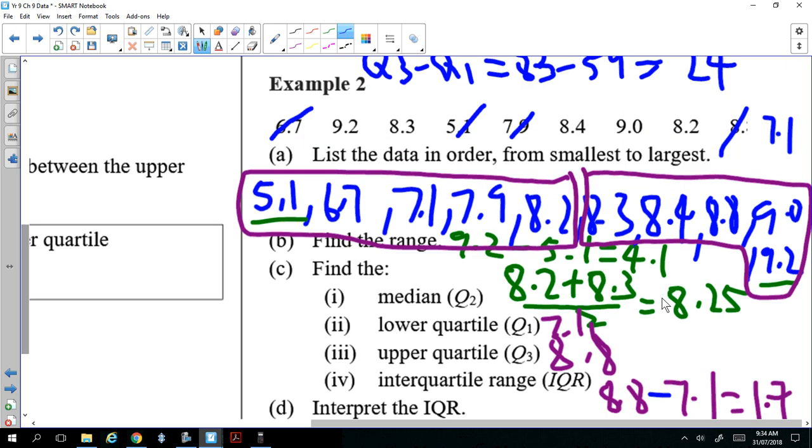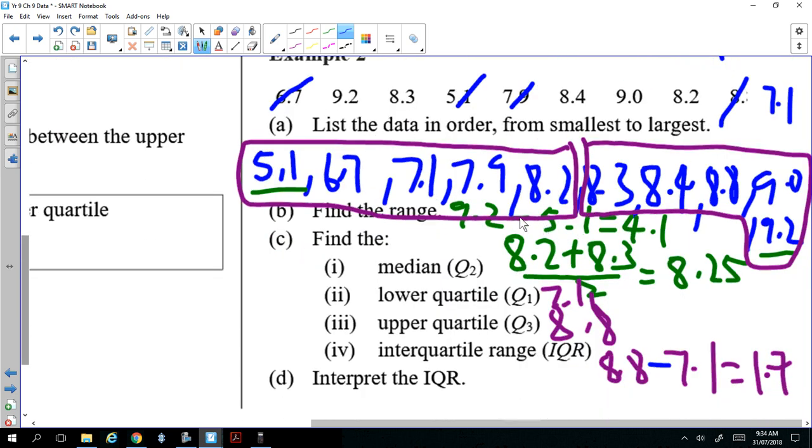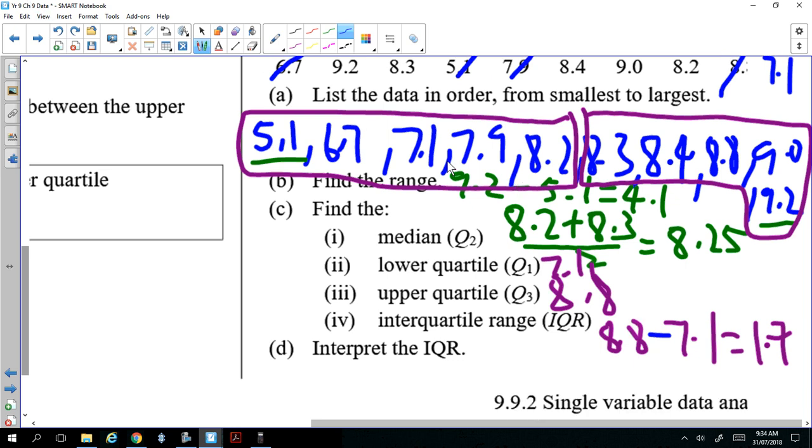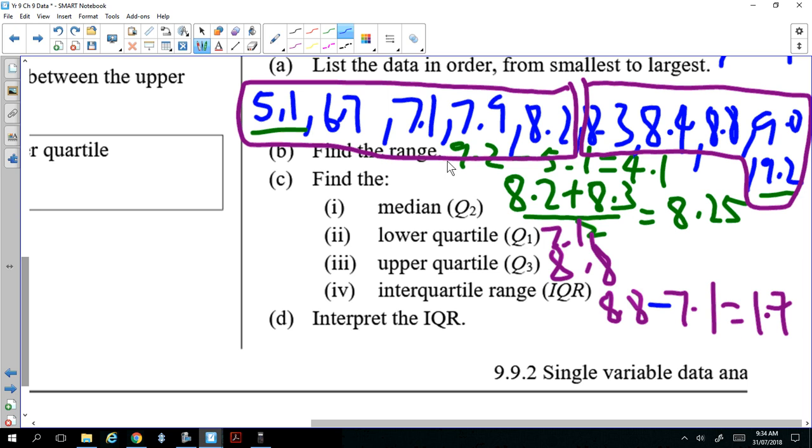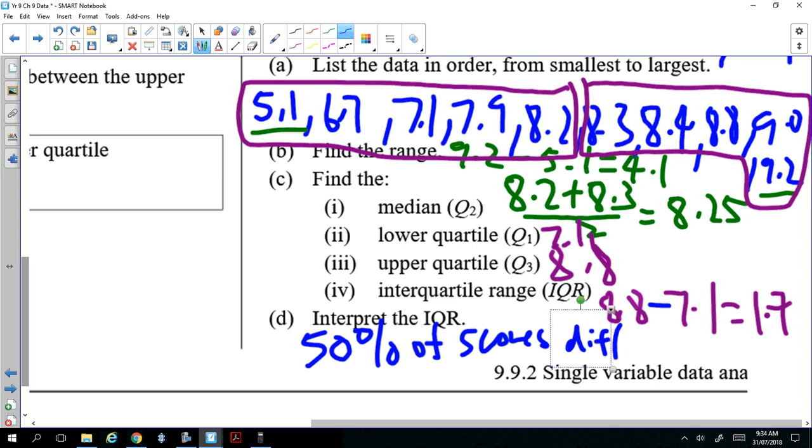So you will say that in the interquartile range, 50% of the scores differ by less than 1.7 meters.